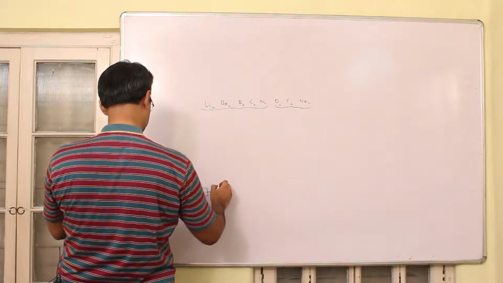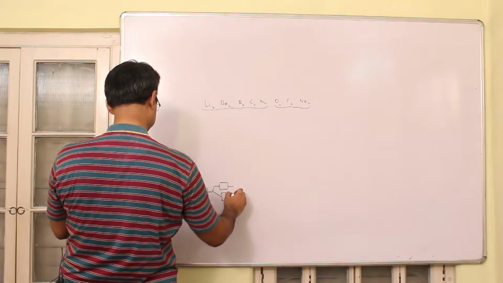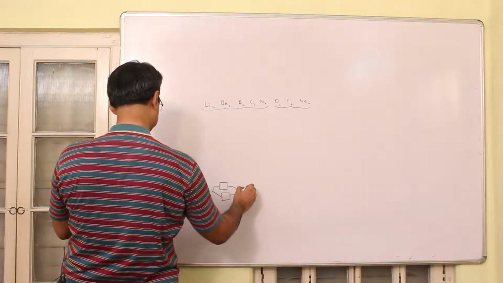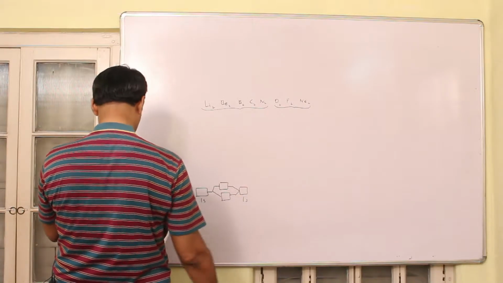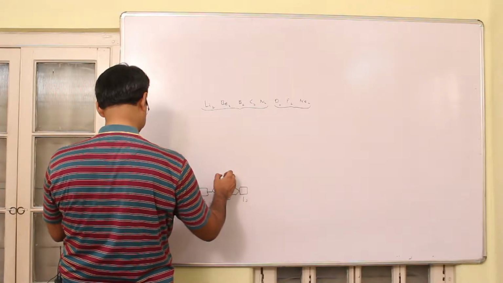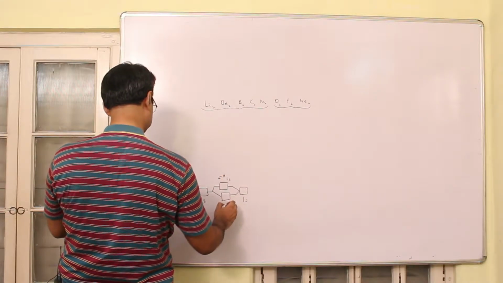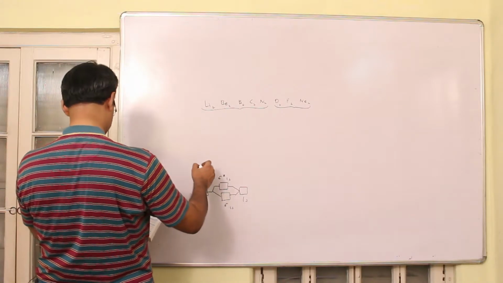So first you have 1s overlapping with 1s to give sigma 1s and sigma star 1s.